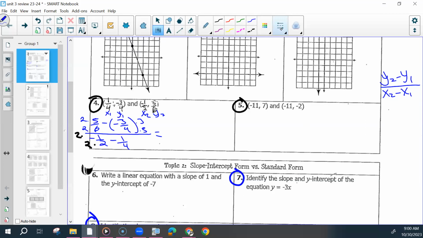So that our new fractions would be 10/12 plus, because of the negative and the minus, 9/12 all over -2/4 minus 1/4. And then we could combine the fractions just by simplifying the numerators. We have 19/12 over -3/4.